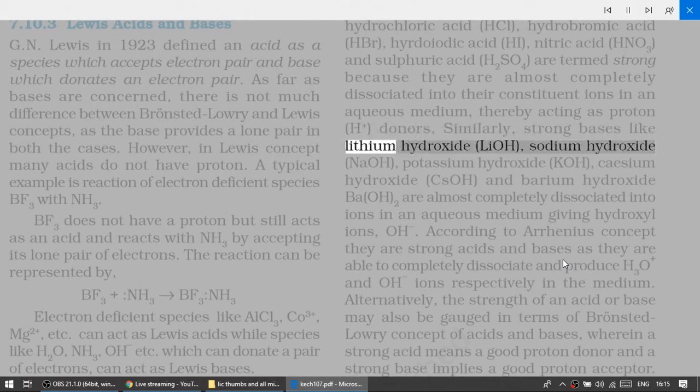Similarly, strong bases like lithium hydroxide, LiOH, sodium hydroxide, NaOH, potassium hydroxide, KOH, cesium hydroxide, CsOH, and barium hydroxide, Ba(OH)2, are almost completely dissociated into ions in an aqueous medium giving hydroxyl ions, OH-.